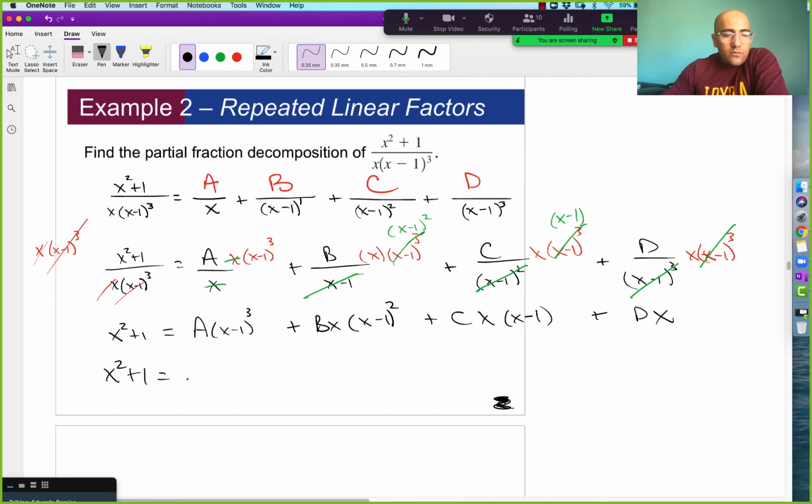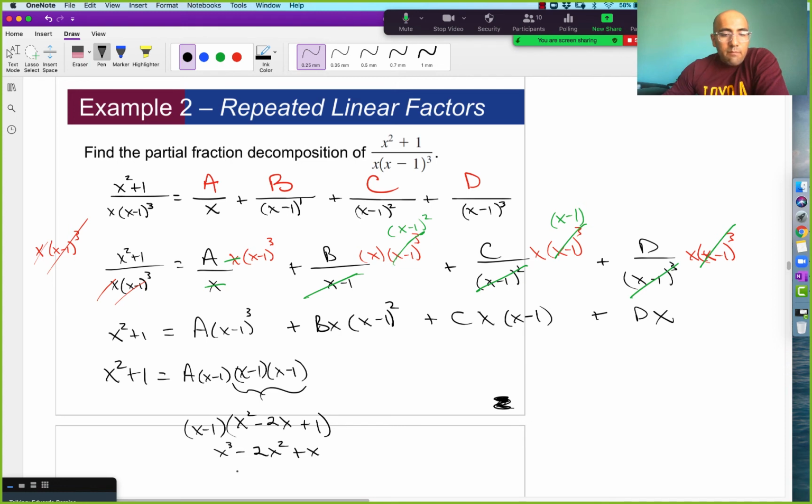X squared plus 1 equals a times x minus 1, and then it's x minus 1 times x minus 1. X minus 1 times x minus 1, right? That's all 3 of them. If I just get 2 of them, that'll be x squared minus 2x plus 1. And then all of that gets multiplied by x minus 1. So then if I distribute, I'll end up with an x cubed minus 2x squared plus x.